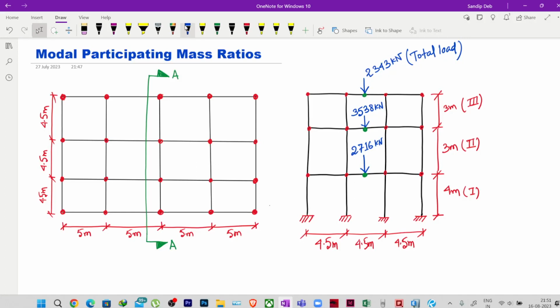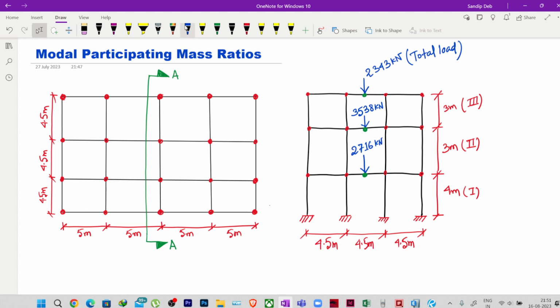So in this lecture, I am going to discuss the modal participating mass ratios. Many of us have seen this particular term in our codes, and also in software. We get some percentage or ratio in terms of modal participating mass ratio.